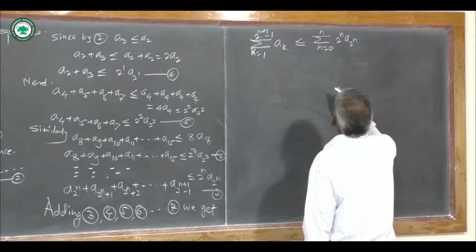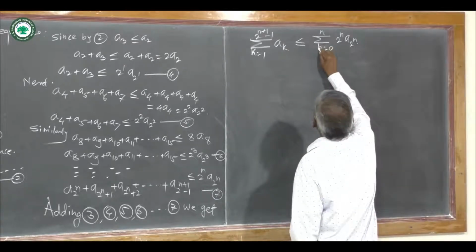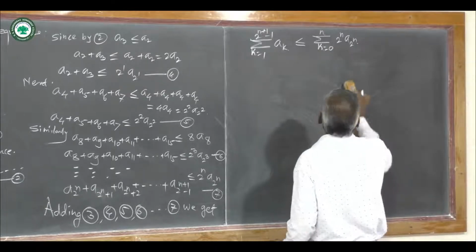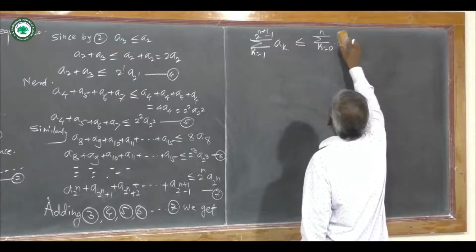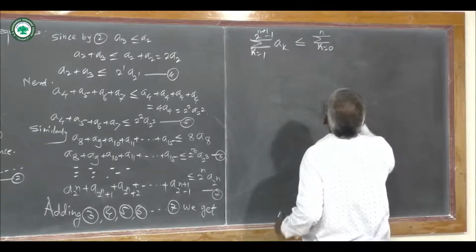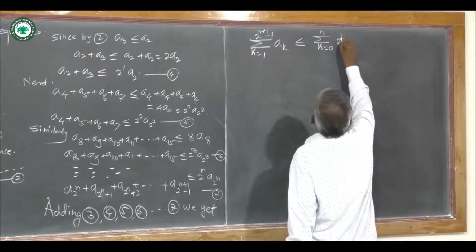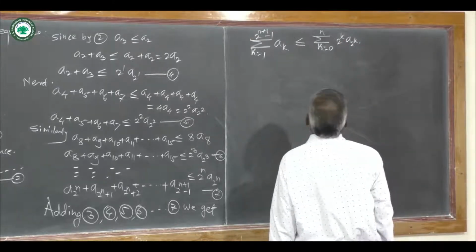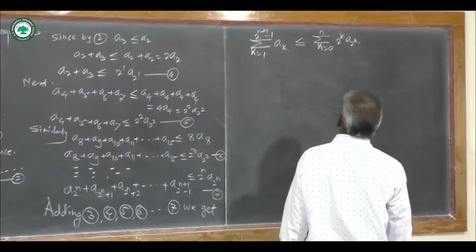We change the variable here as k is equal to 0 to n, for all 2 raised to k into A suffix 2 raised to k, k is equal to 0 to n.